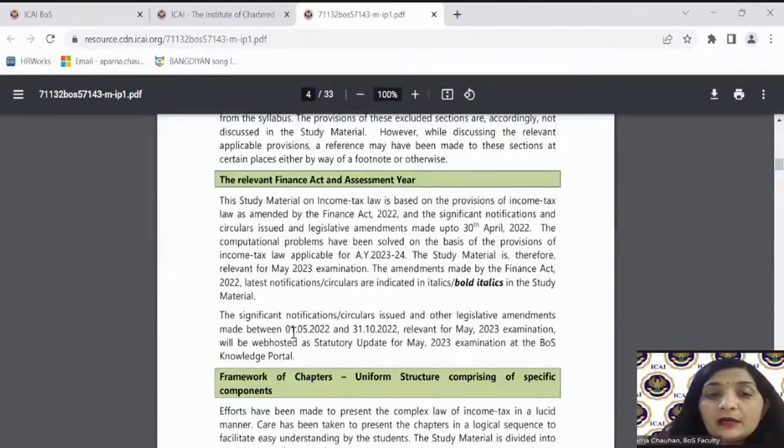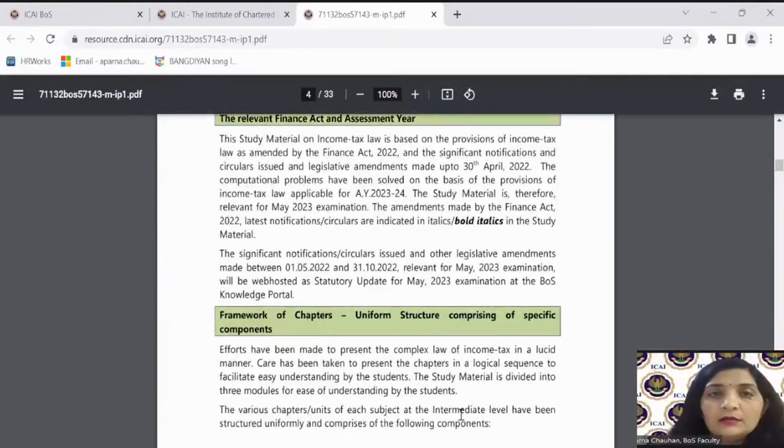And the significant notifications issued from 1/5/22 to 31st of October 22, relevant for May 23 examination, will be posted as the statutory update for May 23 exams. Okay? Is it clear to you?